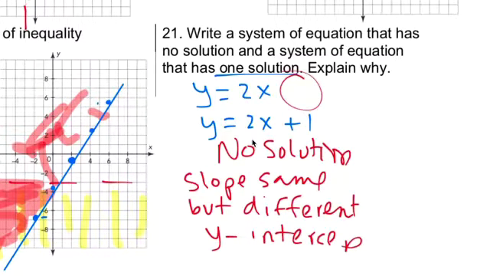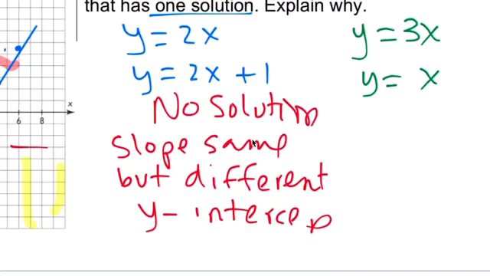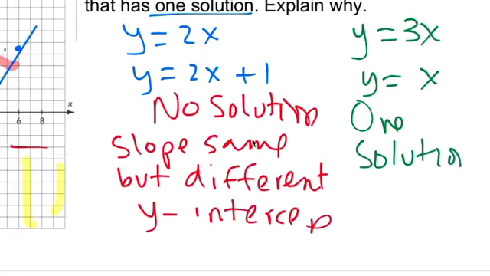This y-intercept is 0, the other is 1. One solution, as long as the slope is different, you have one solution. One solution, slope's different.